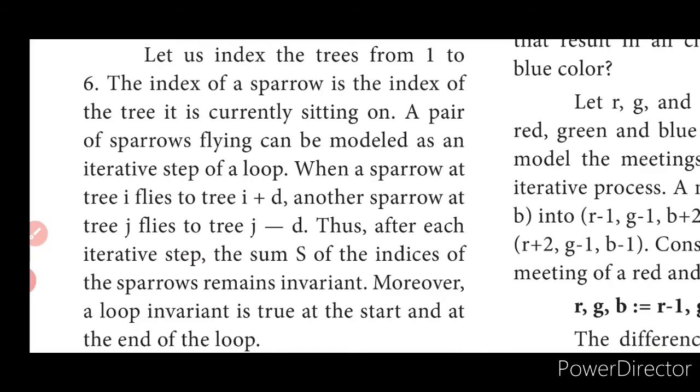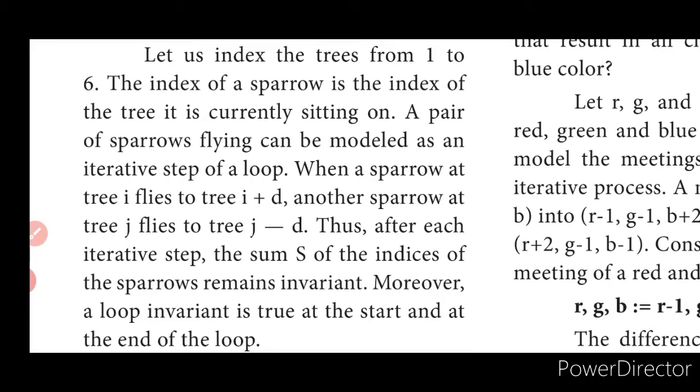When a sparrow at tree i flies to i plus d, we are just going to represent that with an index. Another sparrow j. So we are representing sparrows with i, j like that.